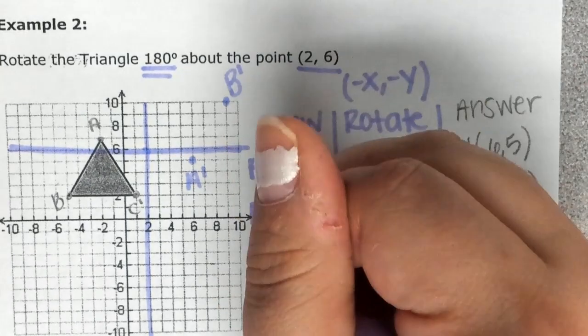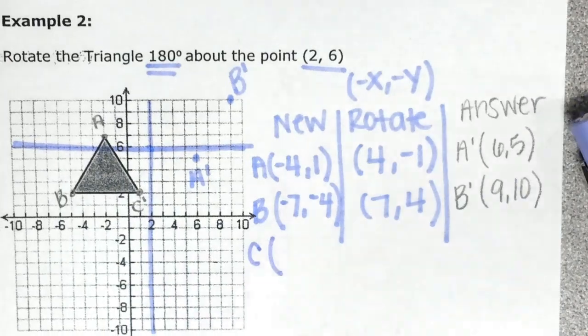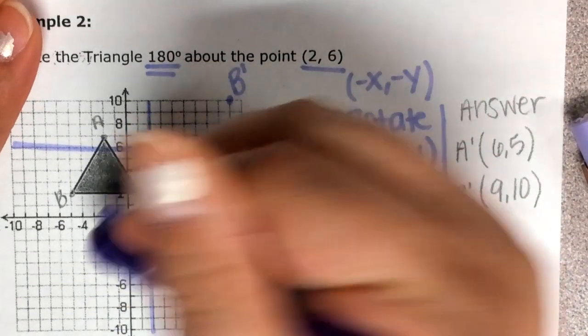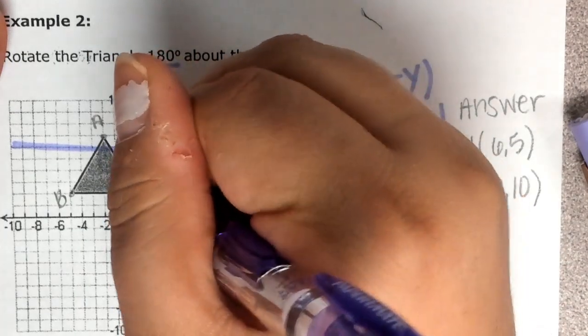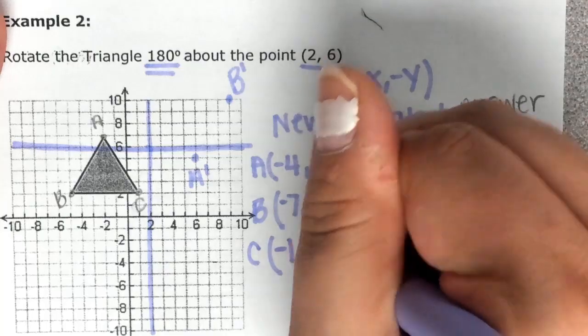All right, C. Where is C? I didn't mean to put prime with that. Where is C according to my new origin? Oh, speak a little bit louder. -1, -4. Thank you.